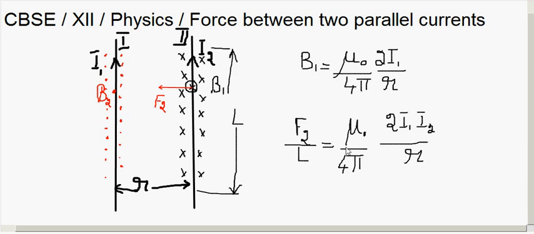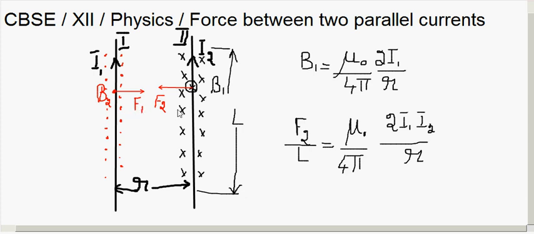And similar to this, if you find out the force F1, which is the force acting on wire 1 due to the field of wire 2, the direction of force will be opposite to F2, that is it is acting towards the second wire. So this is F1.